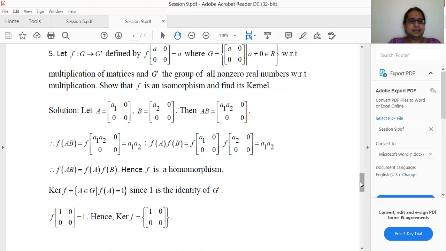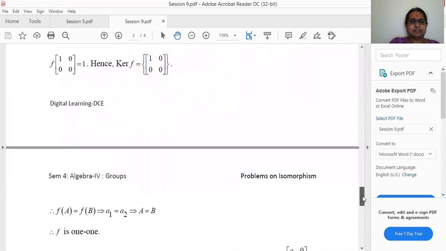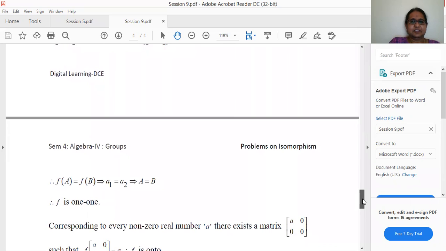So matrix A is... Kernel f is nothing but the matrix [1, 0; 0, 0]. In this case we have found that f is a homomorphism and we have found its kernel.